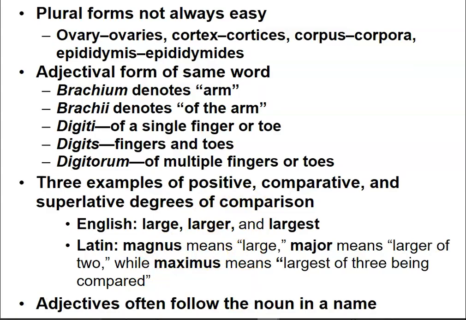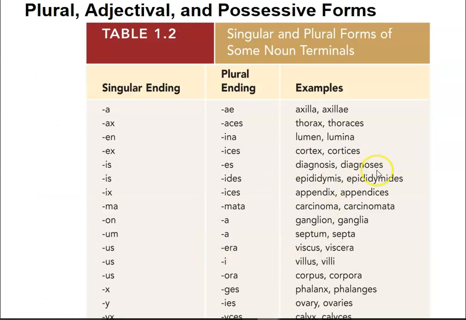This will create a lot of difficulties for students to memorize those terminologies and spell them correctly. This table will give you an example of how the plural ending should be used when you have a single word ending with those letters. So axilla, axillae, those are for words ending with a.